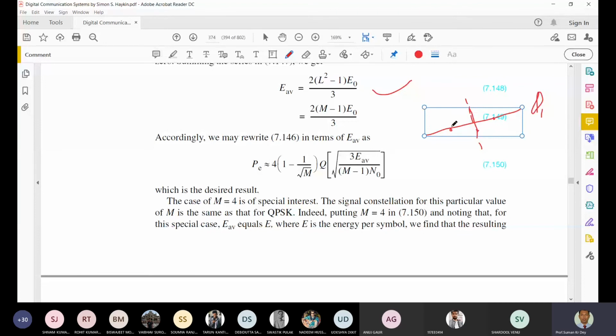So these two are the 2 points we consider. Now if we want to represent the same PSK signal using 2 basis functions, we can do it also.